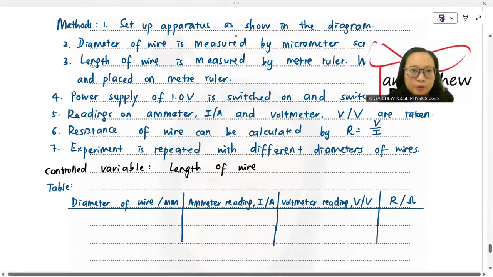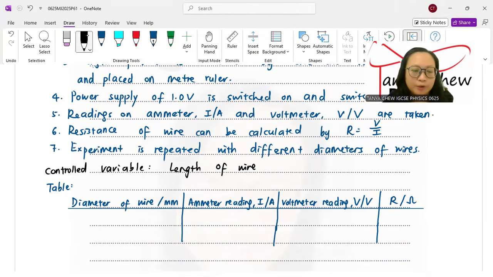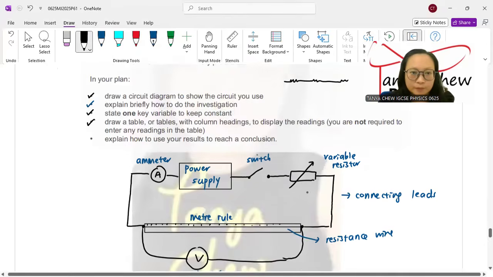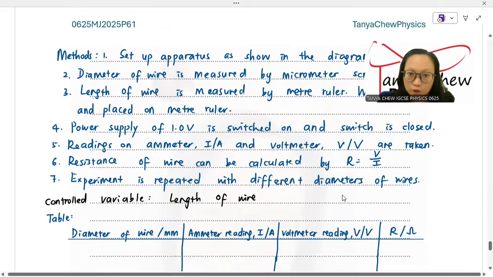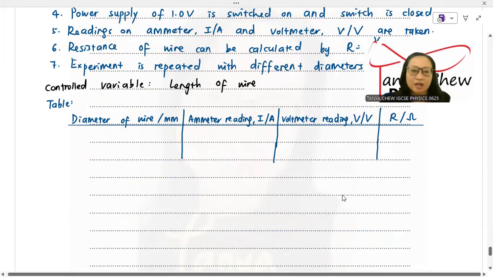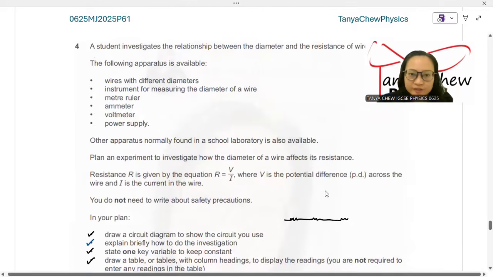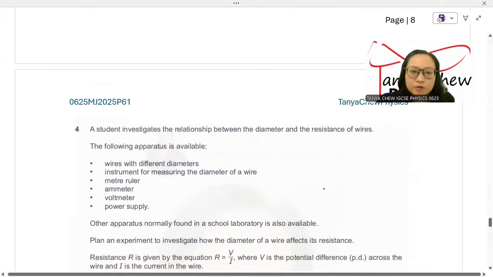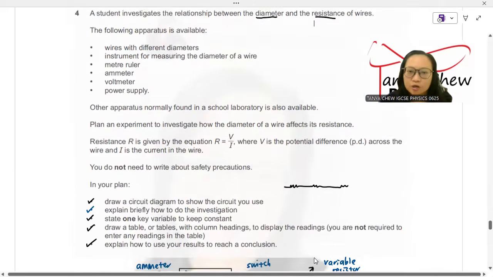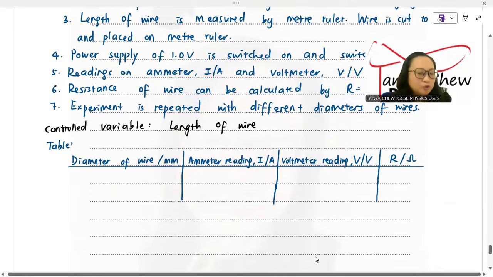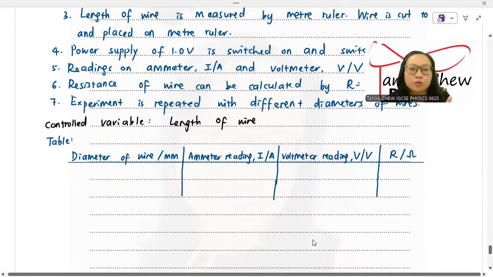Keep my ruler. And the last part here: explain how to use your result to reach a conclusion. We are investigating the diameter. So how to use the result, you have to read back. This student is investigating the relationship between diameter and resistance. Could you see that I have values for diameter and I have values for resistance?